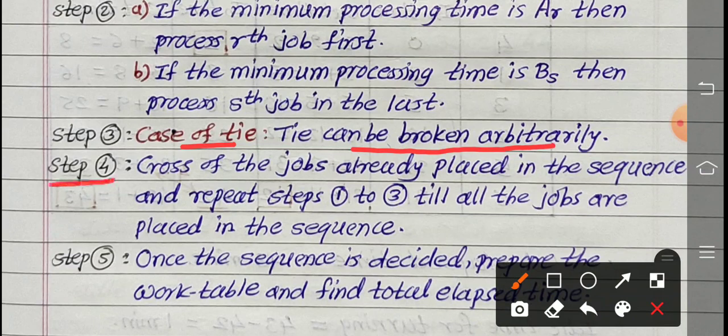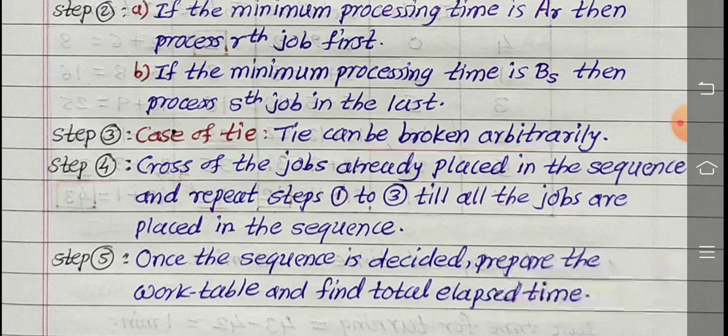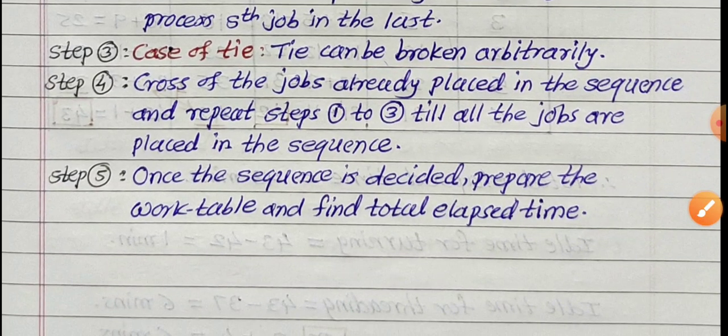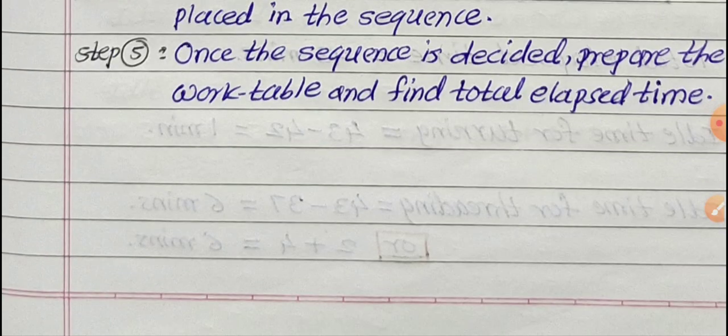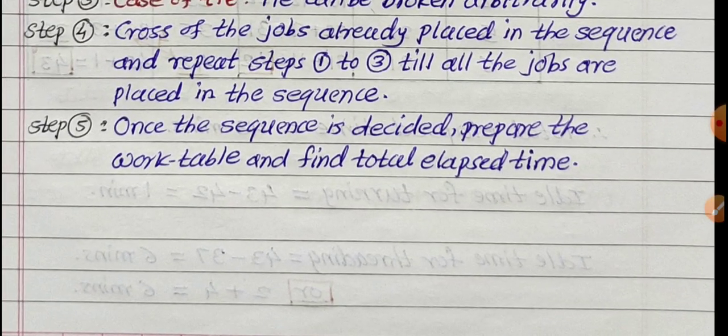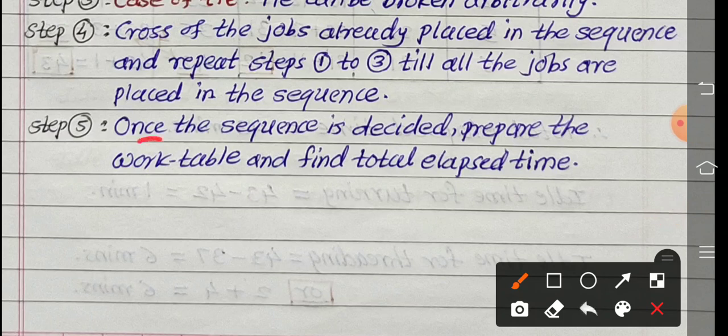Step number 4: cross out the jobs already placed in the sequence and repeat steps 1 to 3 till all the jobs are placed in the sequence. The fifth step: once the sequence is decided, prepare the work table and find the total elapsed time.